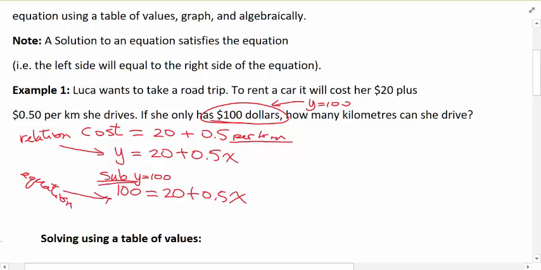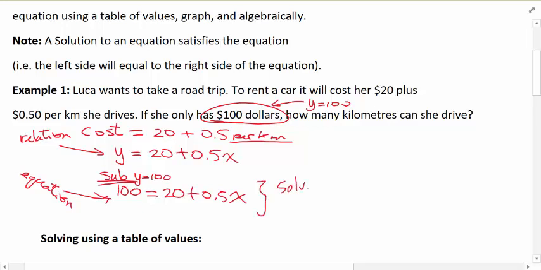Now, if I want to solve this, what do I have to do? What did I say? To solve it, it has to satisfy the equation. So what does that mean? I have to find a value of x to make this whole side equal to 100, right? So that's what you're really doing to solve this, okay?